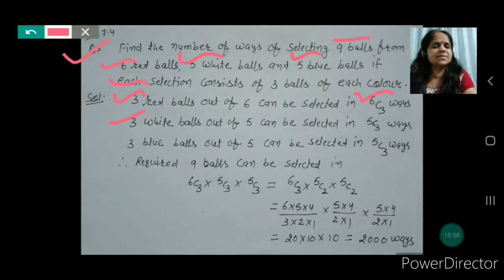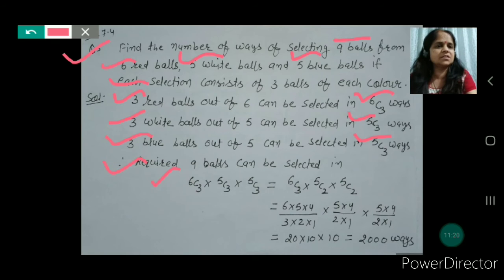Same as here, 3 white balls out of 5 can be selected in 5C3 ways, and 3 blue balls out of 5 can be selected in 5C3 ways. So the required 9 balls can be selected in 6C3 into 5C3 into 5C3.